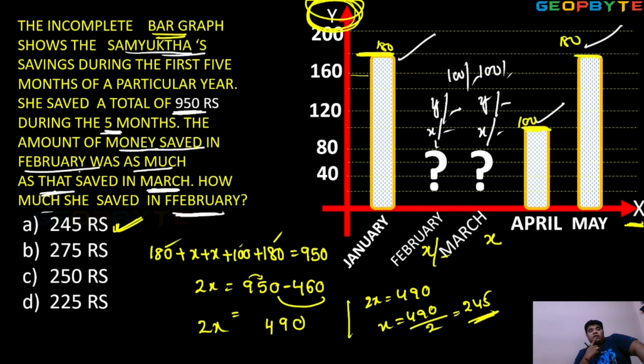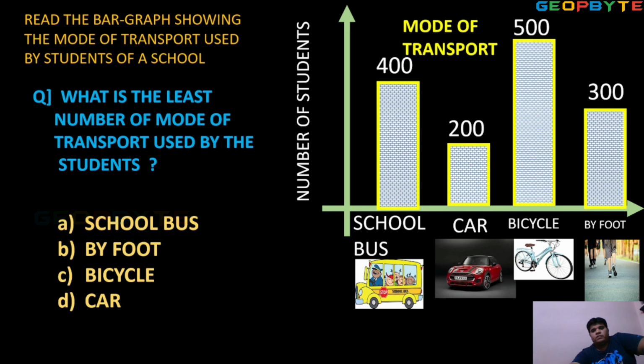Okay, children, are you getting everything? Next. Observe. Read the bar graph showing the mode of transport used by students of a school.